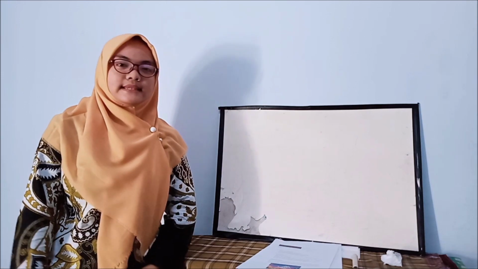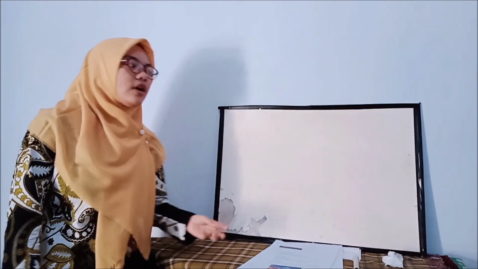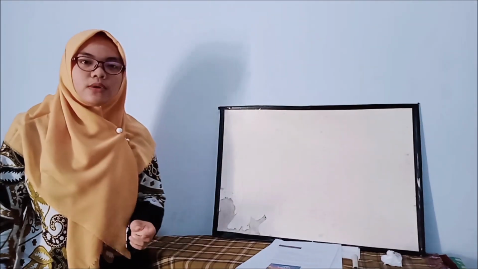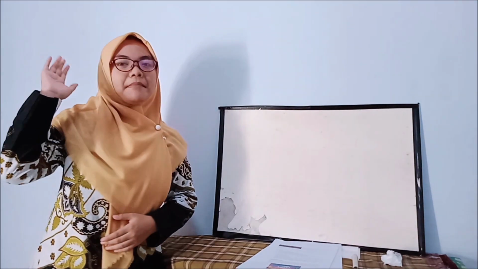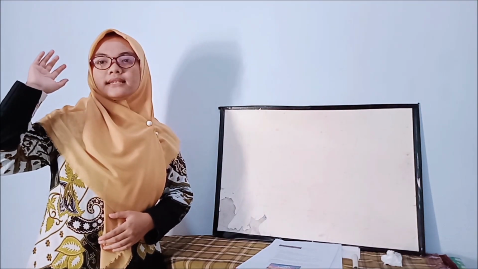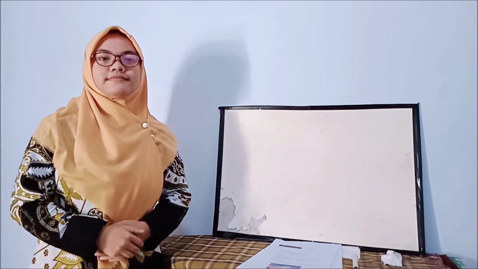Okay. We will start our lesson by recalling your knowledge about ratio. Do any students remember about ratio? What is a ratio? Maybe we can make a ratio by comparing two objects.